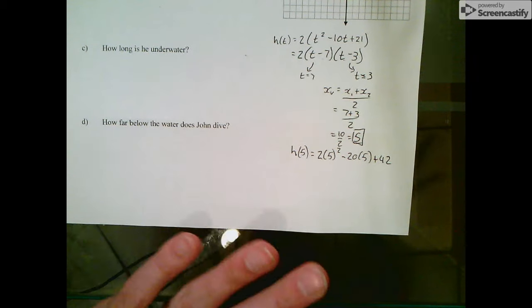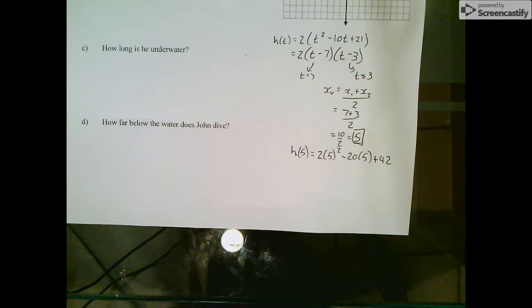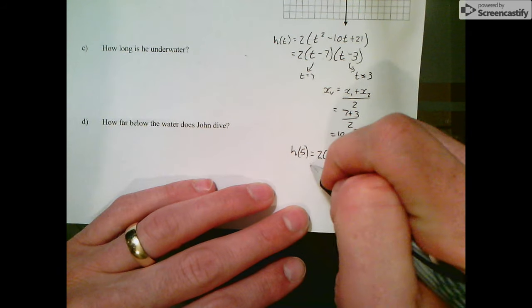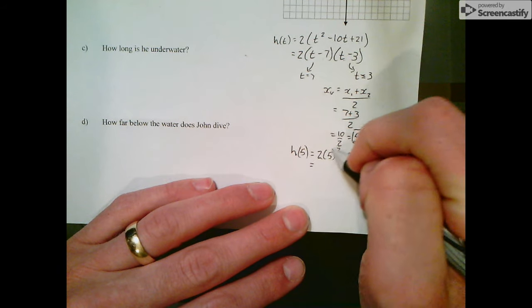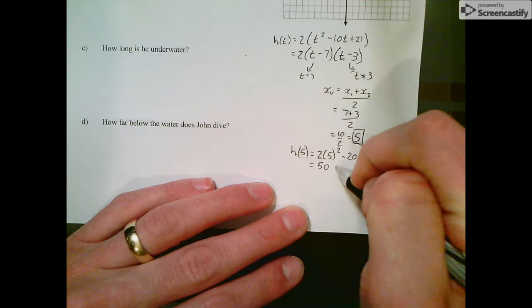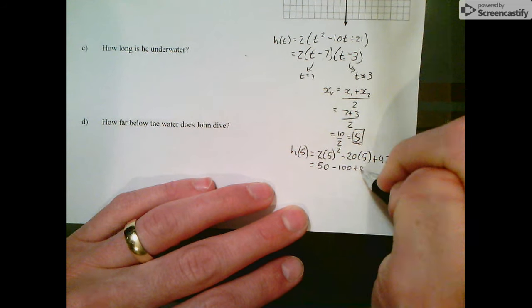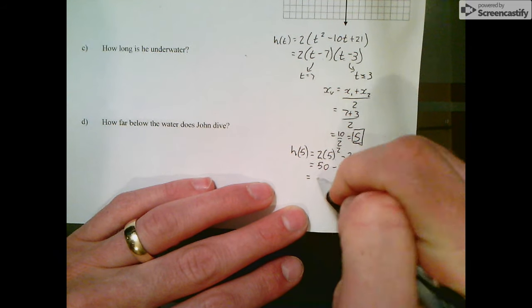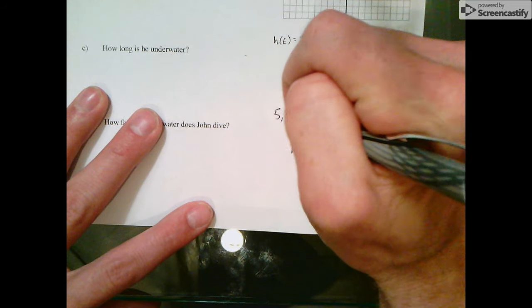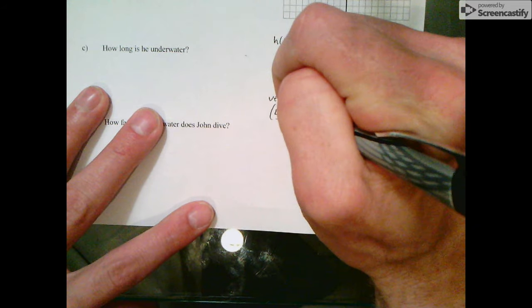This does seem like a lot of work initially, but once you finish this work, you're done. You just have to state stuff. So it's 2 times 25, that'll be 50, minus 100, plus 42, so this will be minus 8. Okay, so my vertex is (5, -8).